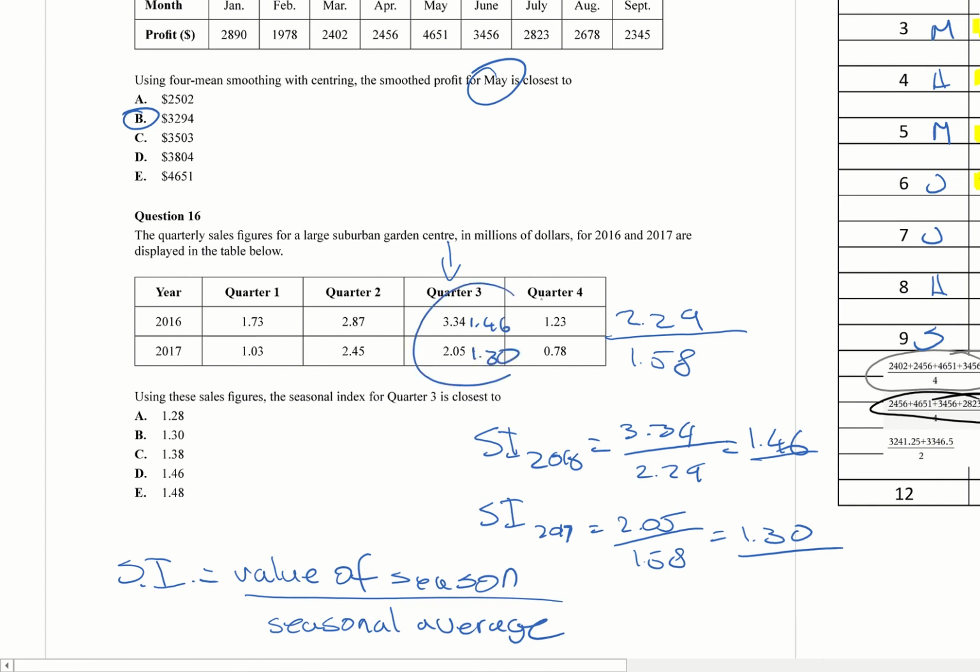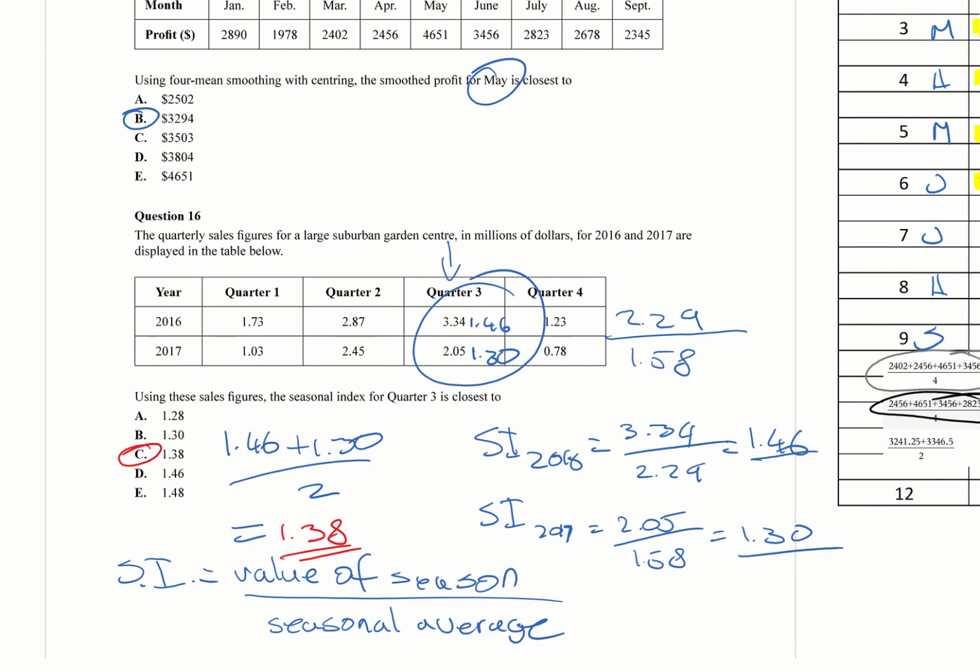So the seasonal index for quarter 3 is the average of those two: 1.46 plus 1.3, divided by 2, and you're going to get an answer of 1.38. Therefore, the answer is C. Okay, that is data finished for this exam.